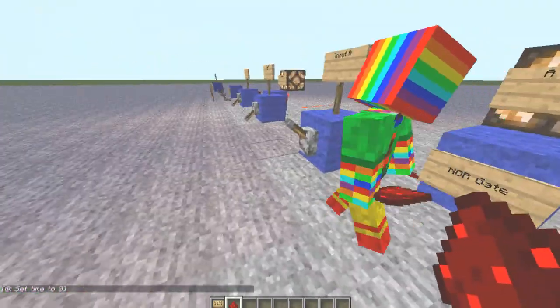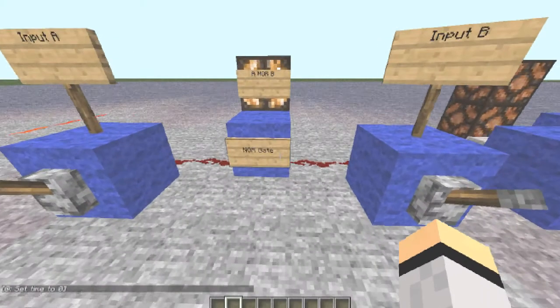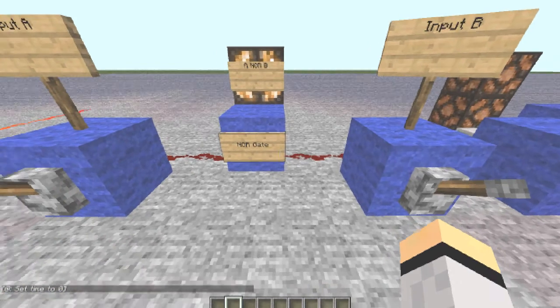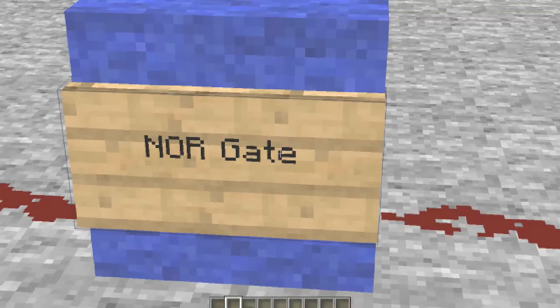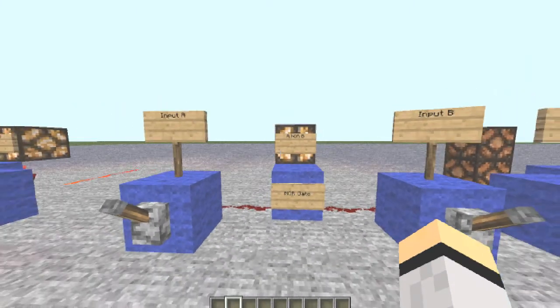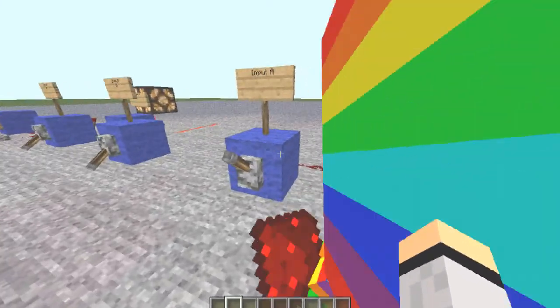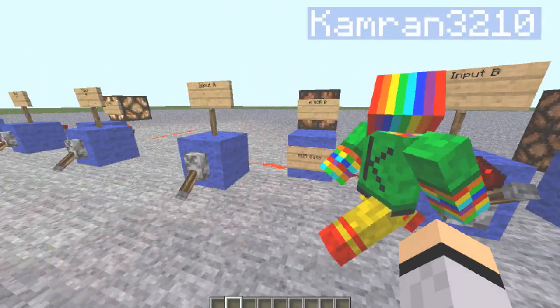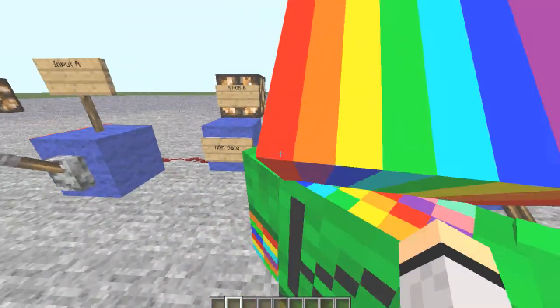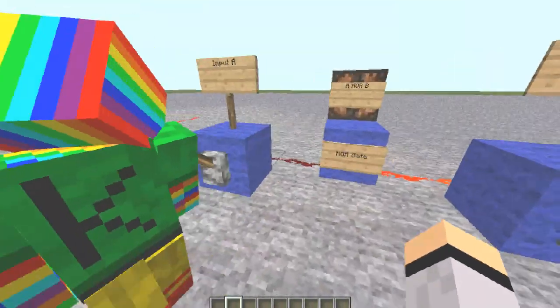Okay, so this is an inverted OR gate, or a NOR gate. When both of them are off, the output is on. When one of them is on, the output is off. When the other one is on, the output is off. And when both of them are on, the output is off.